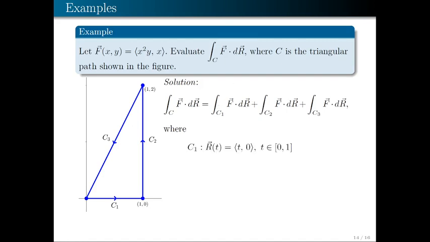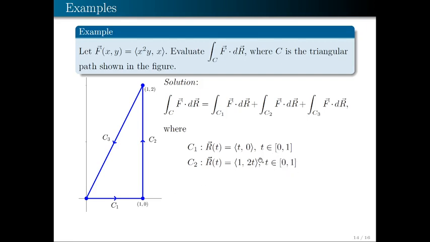So for C1, this is just a horizontal line segment. We can easily parameterize it using r1 of t equal to (t, 0), with t running from 0 to 1. C2 is a vertical line segment from this point towards that, so you can easily parameterize it by the parametric curve (1, 2t), with t again running from 0 to 1.